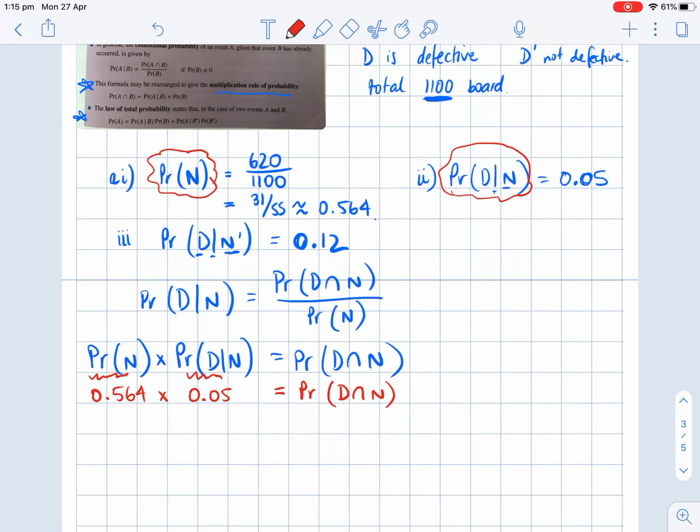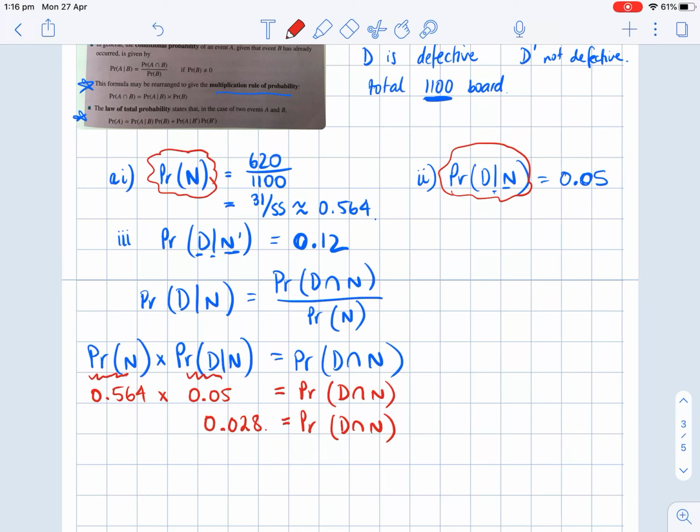Alright, so I haven't done that multiplication on my calculator. I'll do that now. So 0.564 times 0.05, and we get that being equal to 0.028.